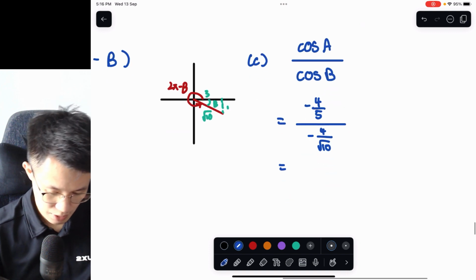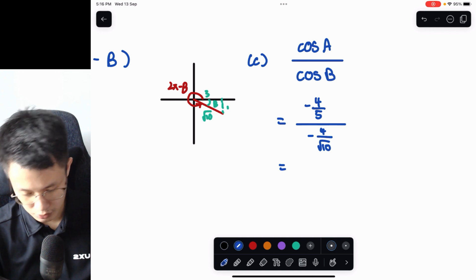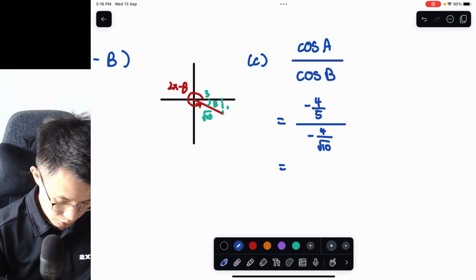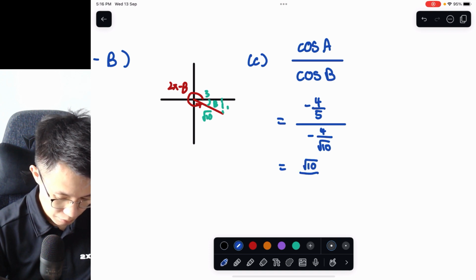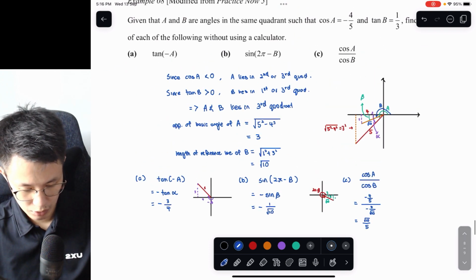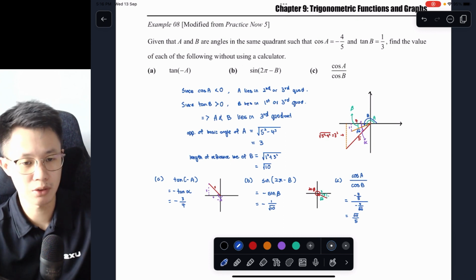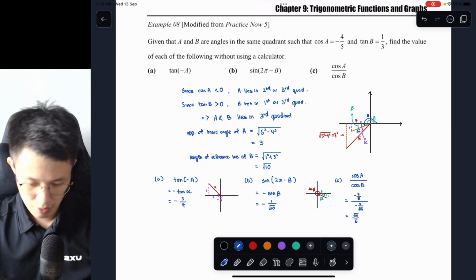And the negatives will cancel out. This will give us square root 10 divided by 5. And that's your answer for this example that I've added into this part. Okay, so that's all. See ya.